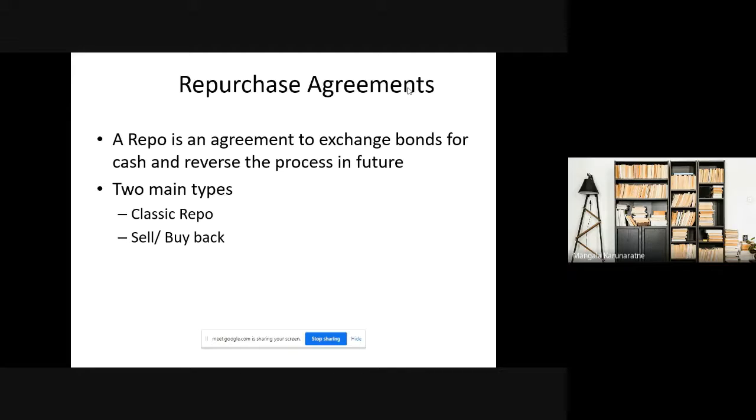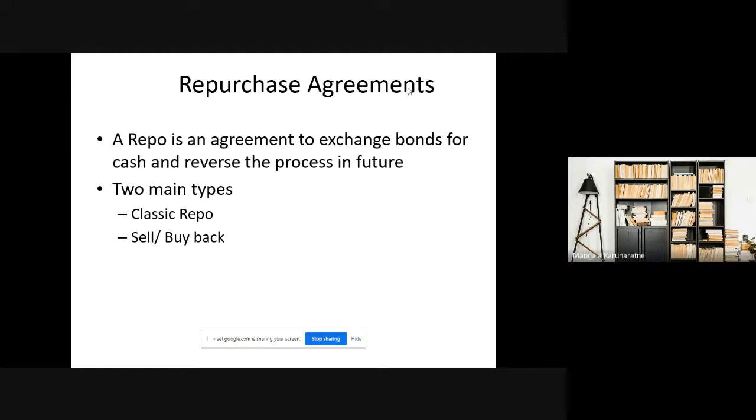You know what an outright bond sale is? You sell it at the price we calculated earlier. So you will be selling at that price, and then you will be buying it back at the price agreed upon.